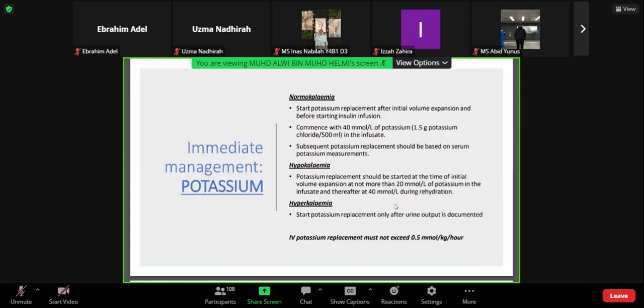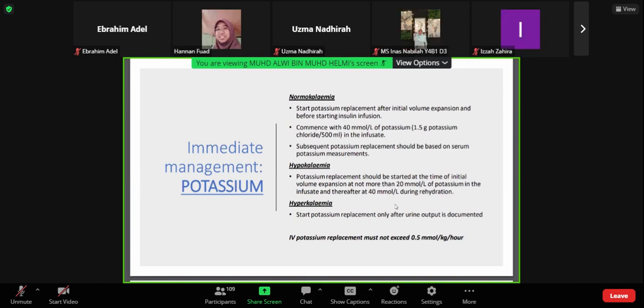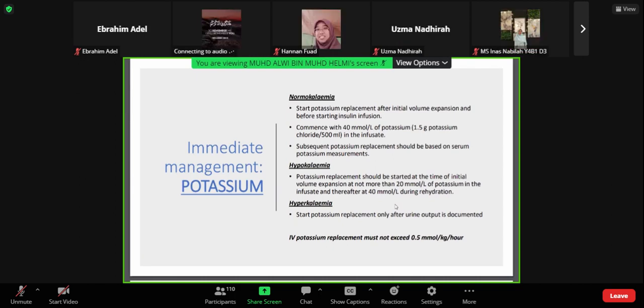Okay, next is potassium. This is the second most important, first most important electrolyte. Before you start insulin, you have to establish the level of potassium. At least you need an ECG. If you don't have blood gases or RP to measure the potassium, you have to have an ECG.